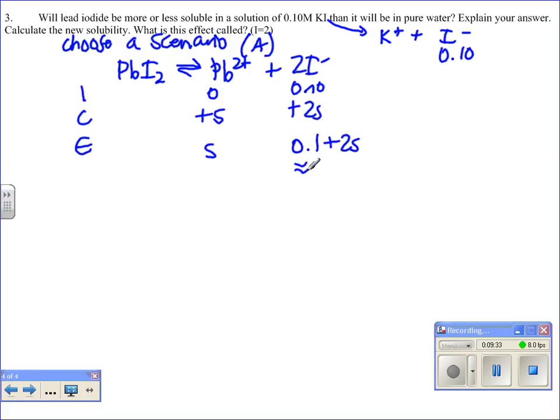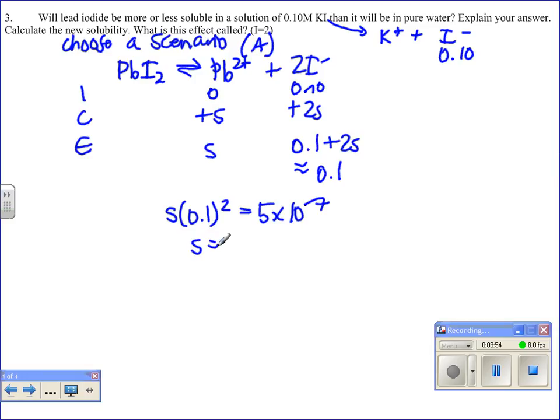Because our K value is so small, we're going to use our experimental K, which is 5 times 10 to the negative 7. This is approximately equal to 0.1. So what I have here is s times 0.1 squared is equal to 5 times 10 to the negative 7.